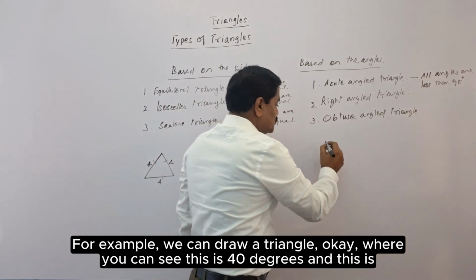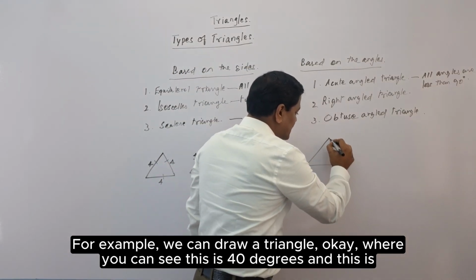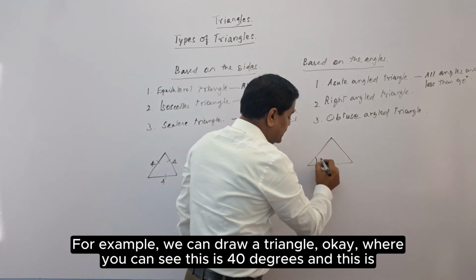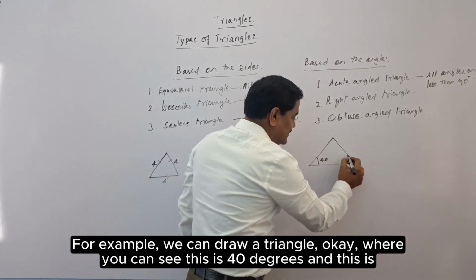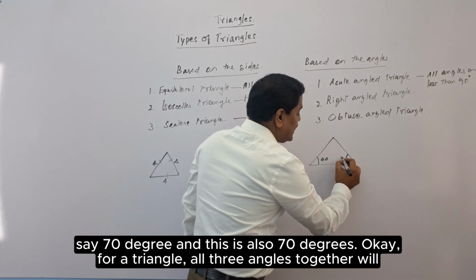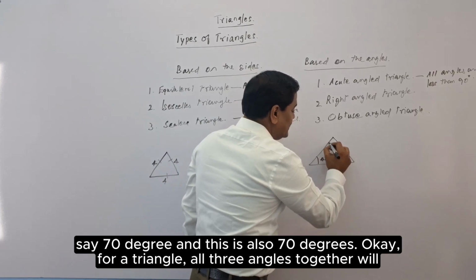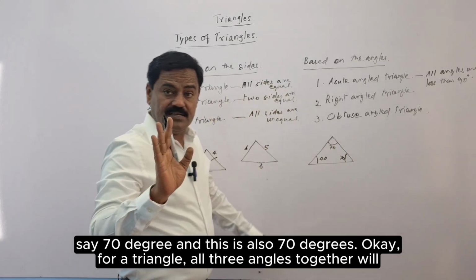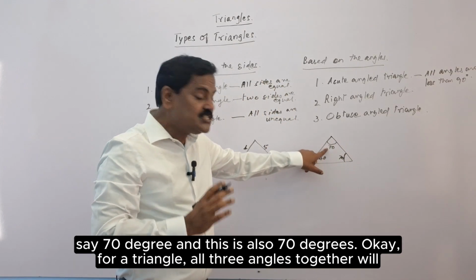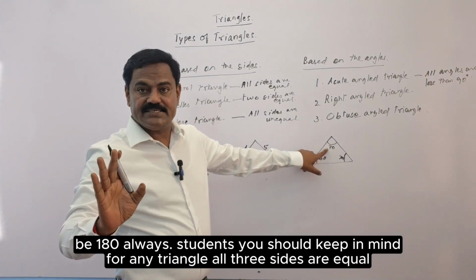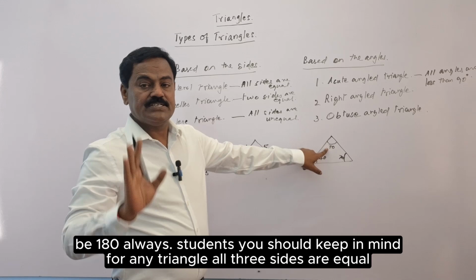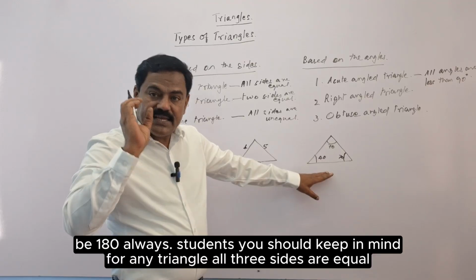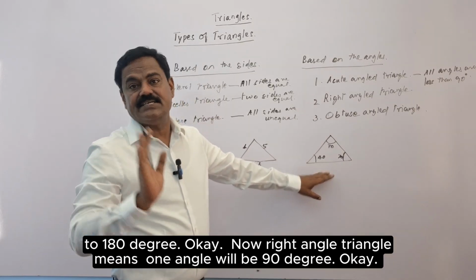For example, we can draw a triangle, where you can see this is 40 degree and this is say 70 degree, and this is also 70 degree. Okay, for a triangle, all three angles together will be 180 always. Right, students? You should keep in mind, for any triangle, all three angles add up to 180 degree.